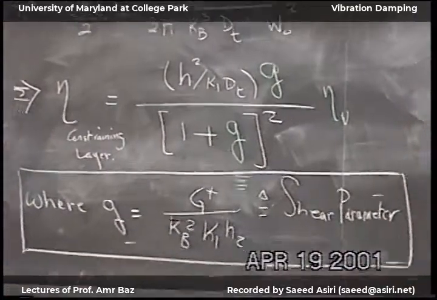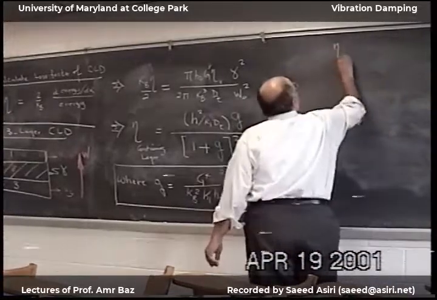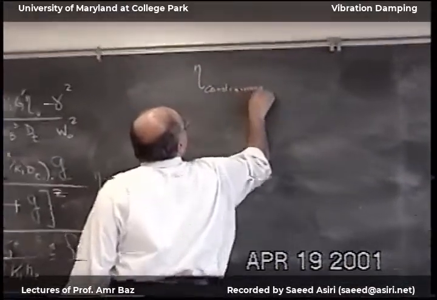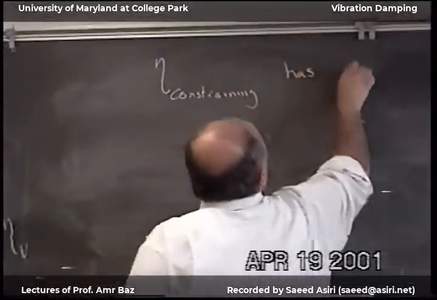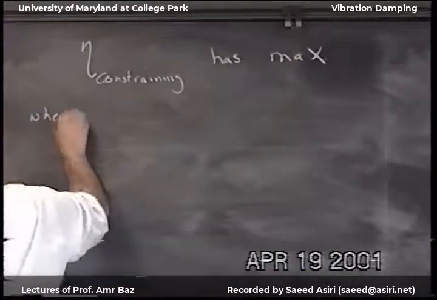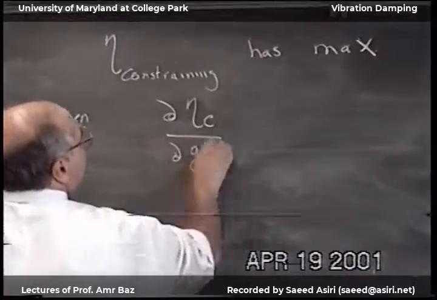First, you could see from this equation that eta constraining has a maximum when partial eta constraining over partial G is equal to 0.